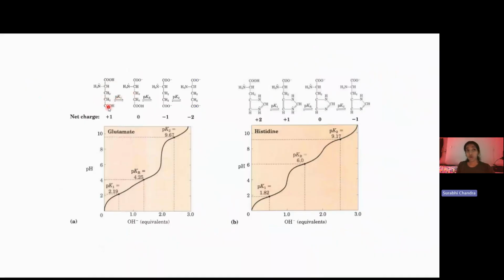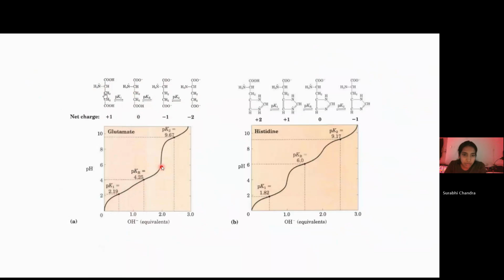However, that was for the glycine residue, which we looked at earlier. But now it becomes a little more complex when the R group has some other residue attached to it.